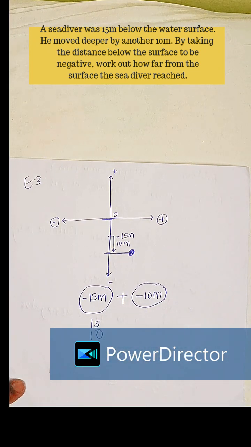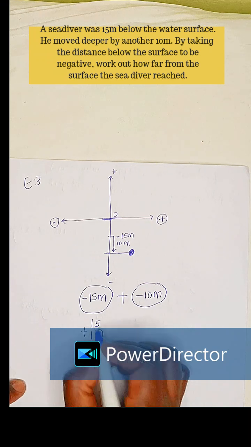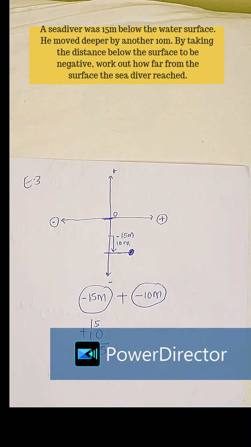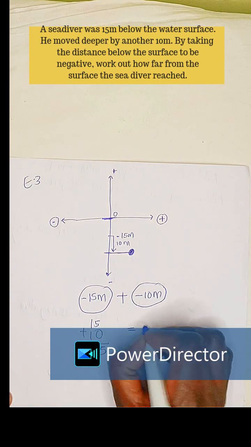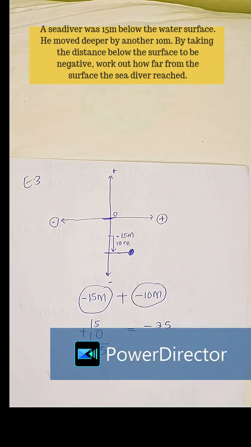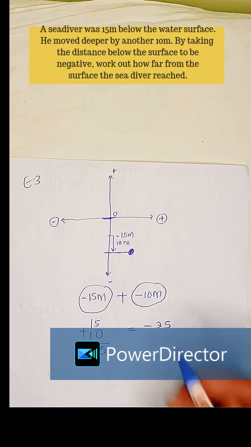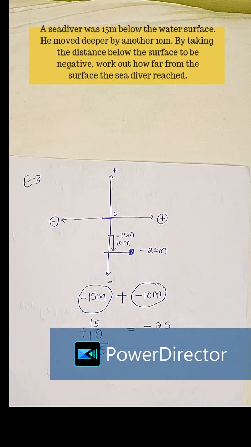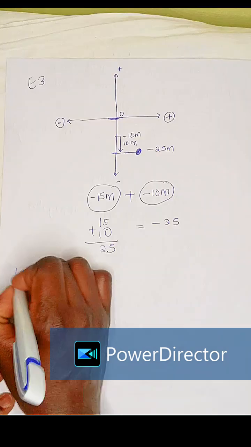Our step 2 is we add the numbers. That is 5, that is 2. And then the last step is we indicate the answer as negative. And that is it. Now he was at negative 25 meters below the water surface.